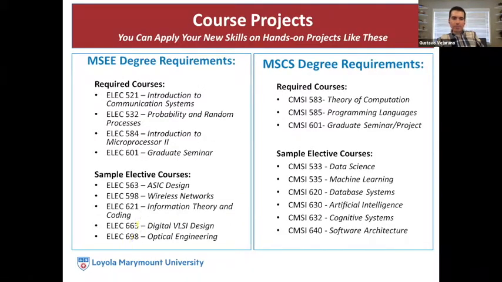So here they are. Let's take a look at the MS in electrical engineering. There are 4 required courses, those 4. The students are going to begin with this course, probability and random processes.